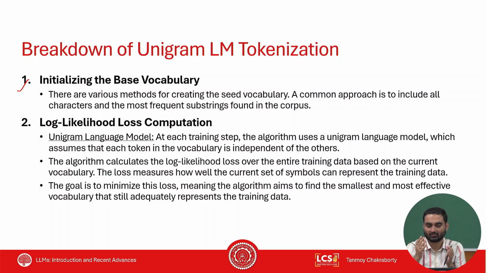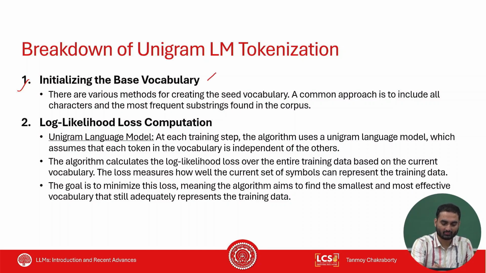We started with a base vocabulary and kept increasing it until we reached a certain threshold size. Here, this is just the opposite. We have a massive base vocabulary and we keep shrinking it until a specific threshold is reached. There we increased, here we decrease.